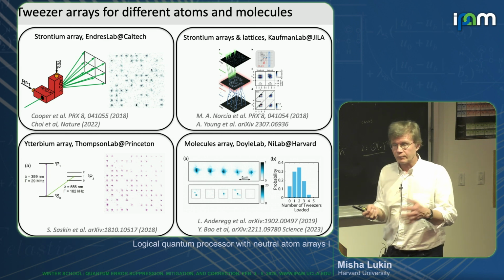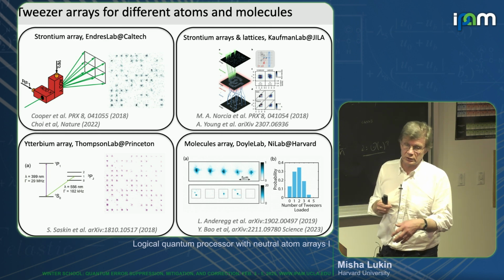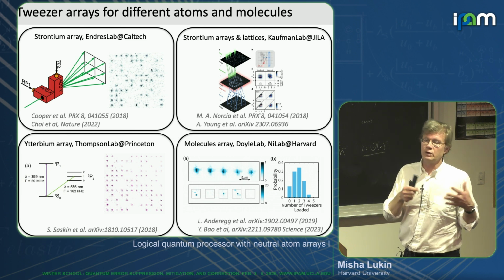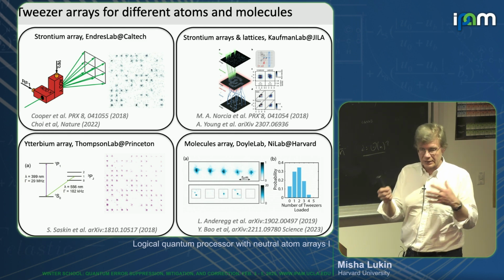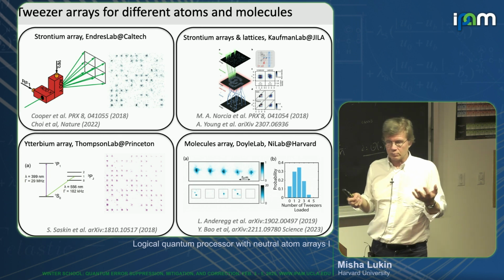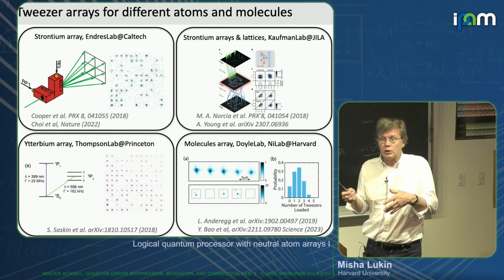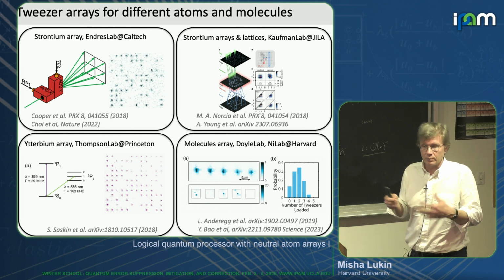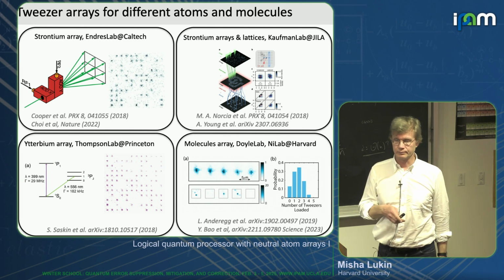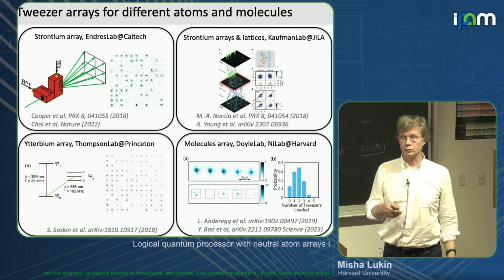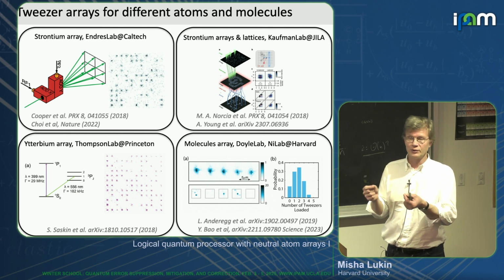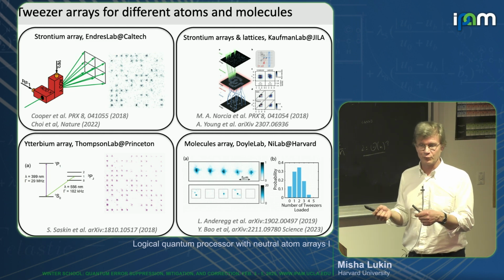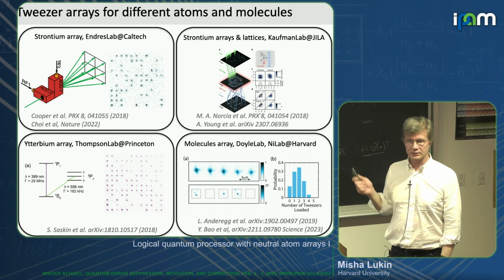At the same time, strontium and ytterbium require very hard to access UV wavelengths, so there are these practical considerations. At the end, depending on what you want to do, there is an optimal species of atom. And now, for example, you can also use multiple species. You can use one for one purpose and another for another, and that's partially what drives these experiments.